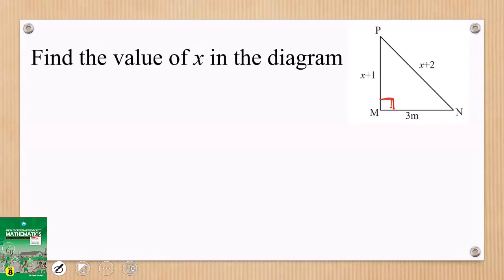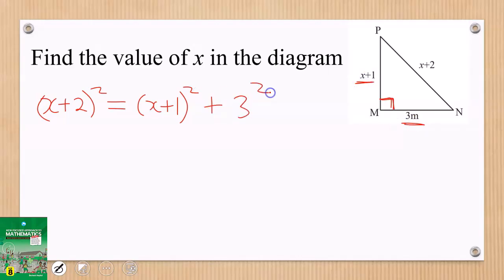So let's assume that it is 90 degrees. So in that case, our hypotenuse squared, that is the longest side squared, x plus 2 all squared, should be equal to x plus 1 also squared, that is the side here, plus the side here, 3 squared.